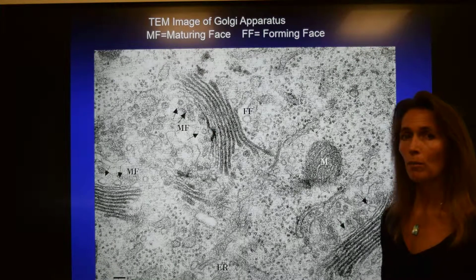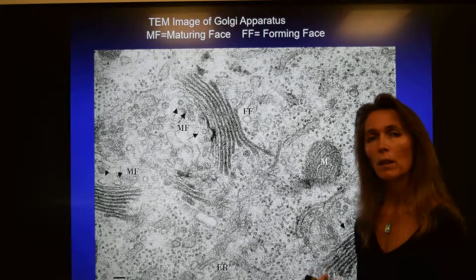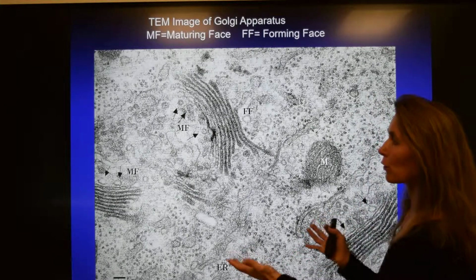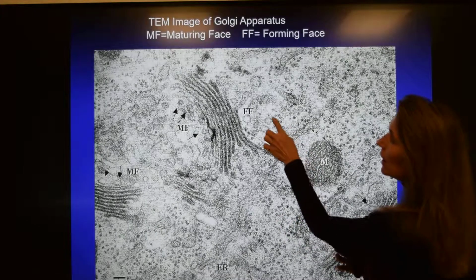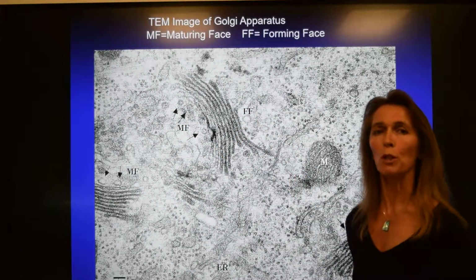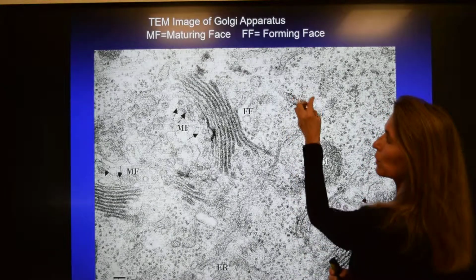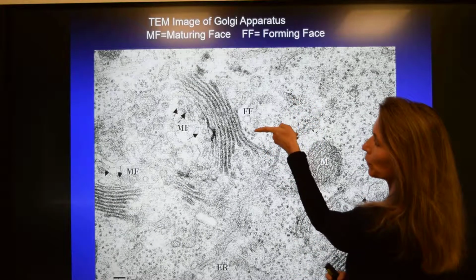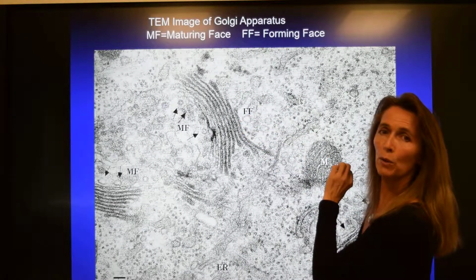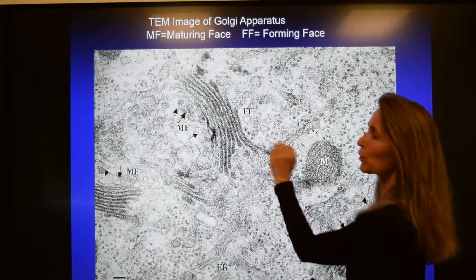And this is an electron micrograph, and I want you to become familiar with how this looks like in real life. So this would be an electron micrograph. Here FF stands for forming phase, MF stands for maturing phase. So here is where the vesicles would fuse with the Golgi apparatus and deliver all of those molecules, proteins, to this Golgi apparatus.